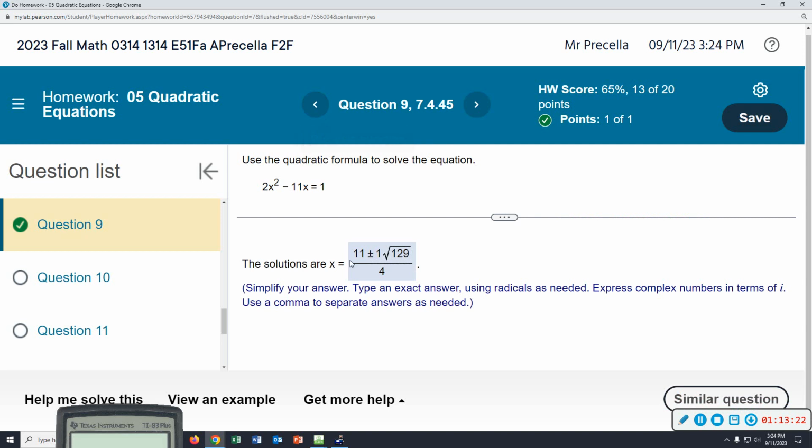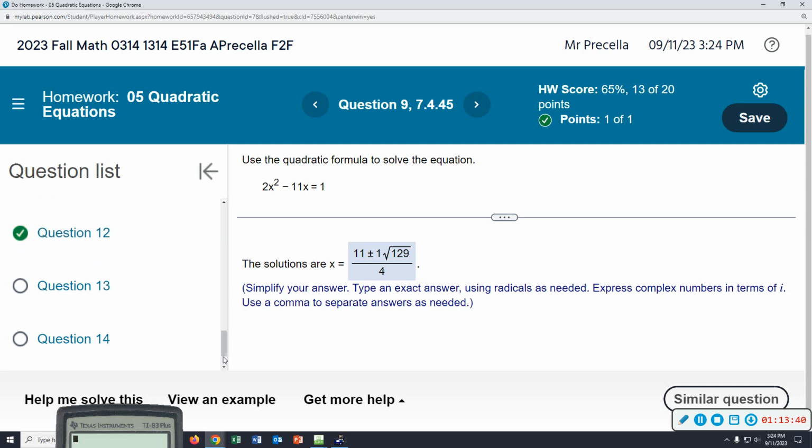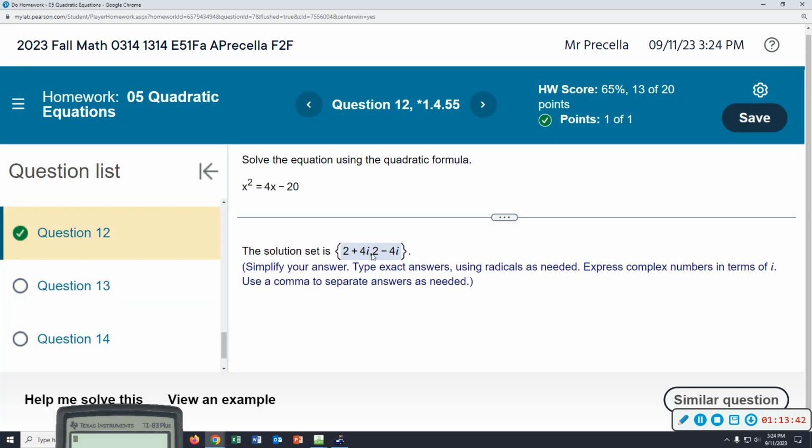Number 9 says x equals. This isn't like the old-fashioned books where one person wrote the book, so everything was consistent. Here, it's a lot of different programmers writing these problems, and so sometimes x equals, other people, solution set. Okay? That was a good observation.